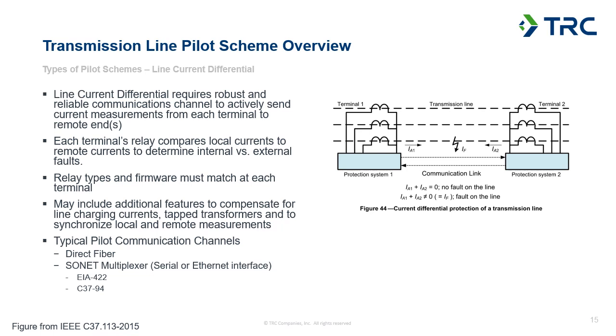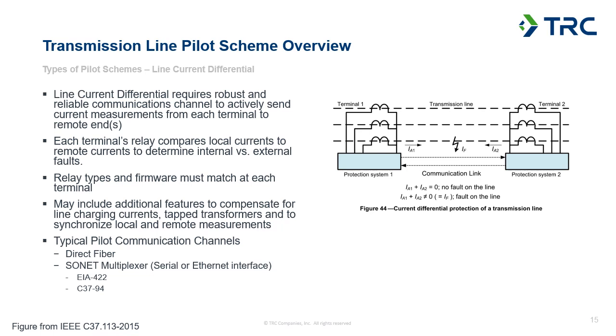So there's some other things that go into that differential principle that are used to secure that, and obviously there's a lot of communications requirements and things that have to be considered that go into the scheme. But in the end, the base functionality of any differential scheme is that the current going into a protected zone has to equal the current going out of the protected zone, and if not, make a trip decision based on that.